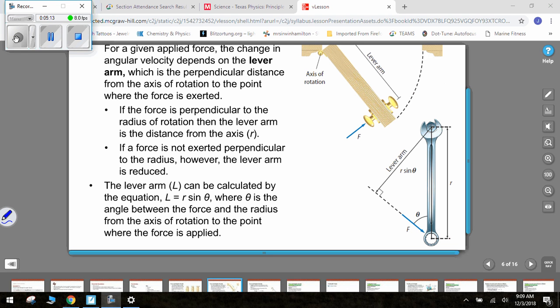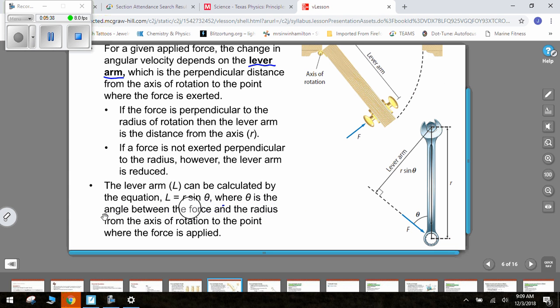Okay, so we should have had something about the lever arm. I just don't have it unfrozen for y'all. You need to have L equals r sine theta, where theta is the angle between the force and the radius.